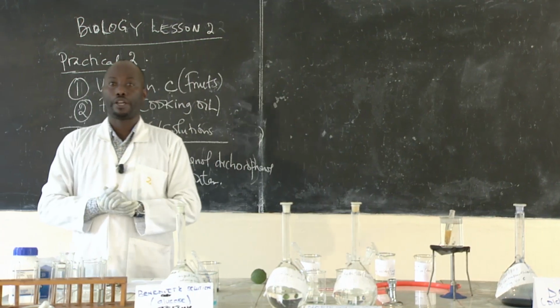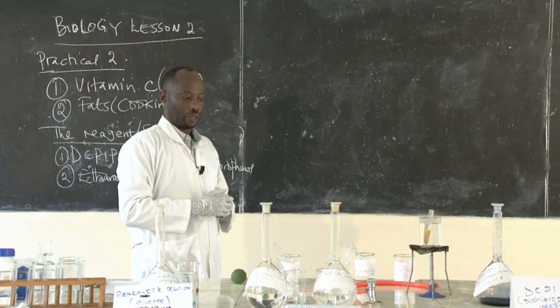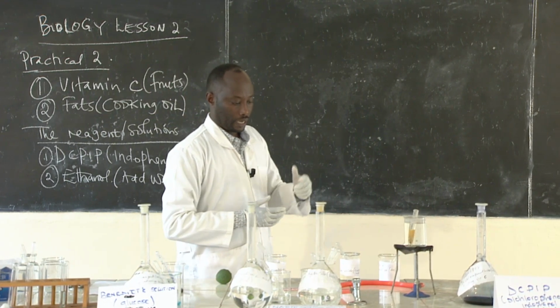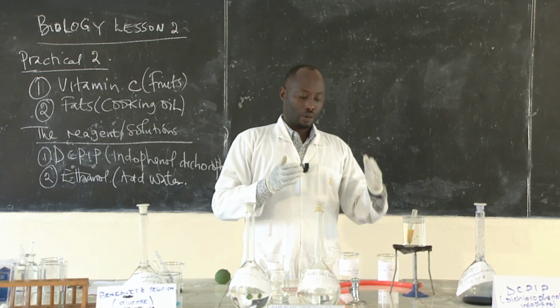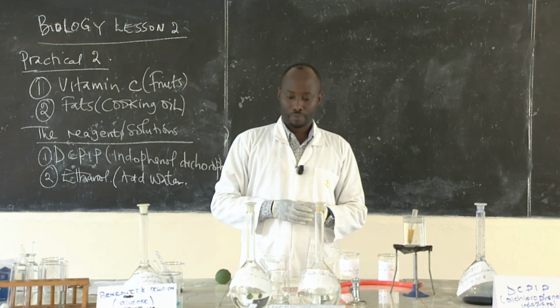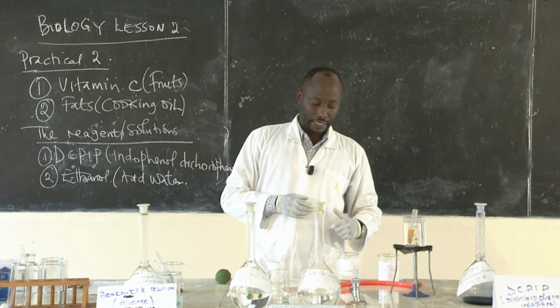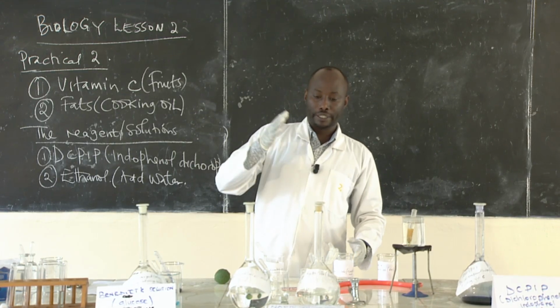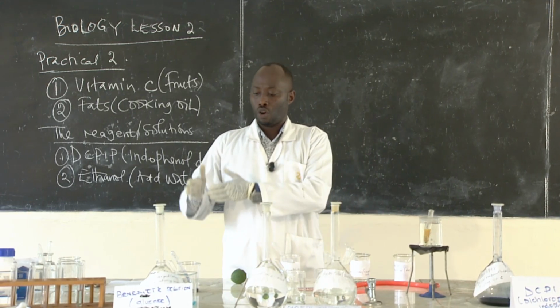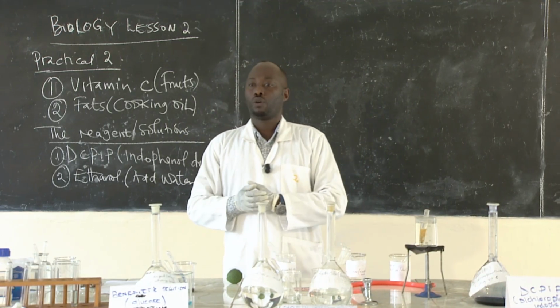When you are preparing food at home, we normally use cooking oil. And you remember that cooking oil is an example of fats. Before I proceed with that, I also have to take a control experiment on vitamin C before I proceed with the cooking oil.